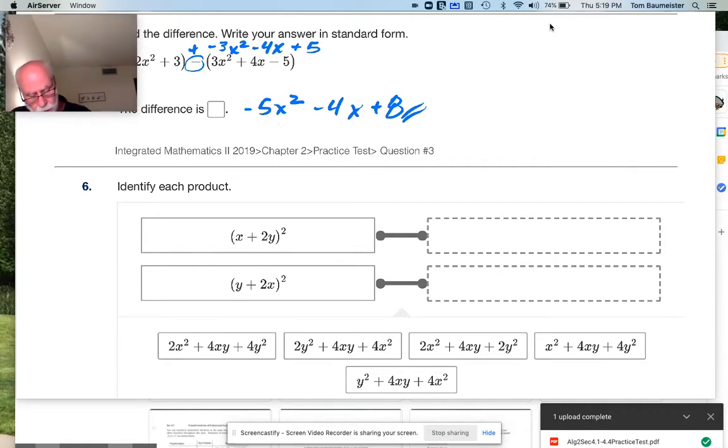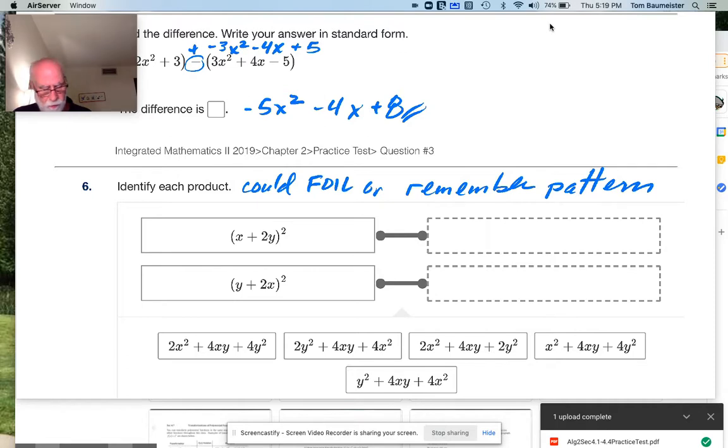Okay. On number 6, it says identify each product. So on this one here, you could FOIL, or you could remember the pattern. So if you remember the pattern, I'm going to take the first term and I'm going to square it. I'm going to take both of them and multiply them together.